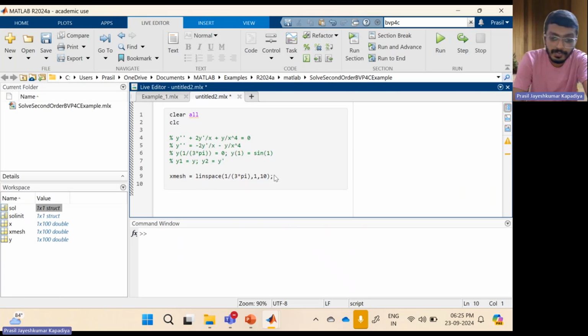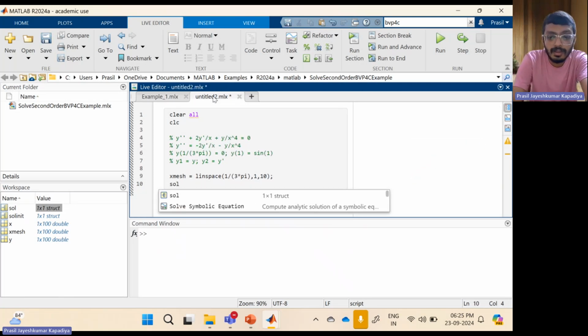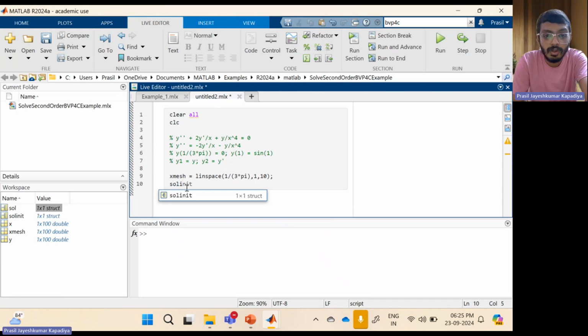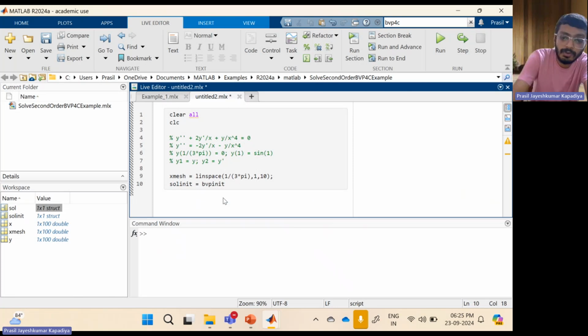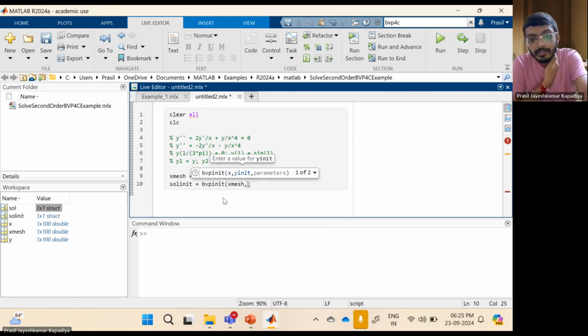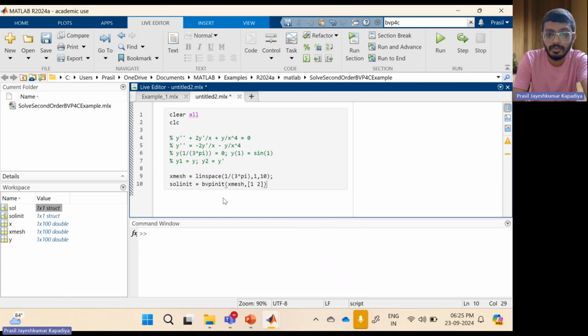Now I will use, what is the thing? Let's follow the tradition of writing sol init. sol init is equal to bvpinit to form this boundary value problem: x mesh, comma, initial guess. Let's say our initial guess, we can give something like 1, comma 2. Okay, this is our initial guess.